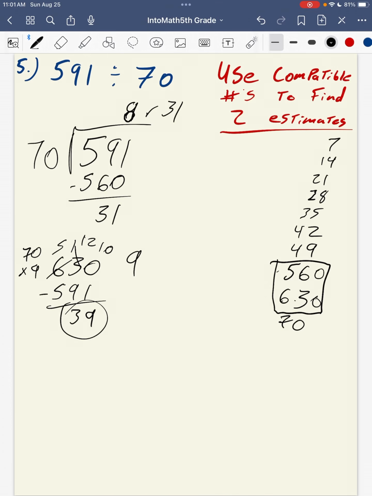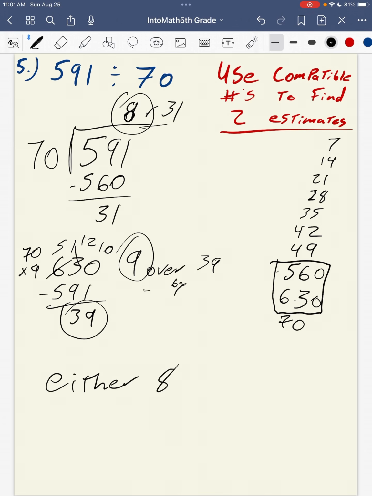So it could be 9 over by 39. So it's somewhere between 8 and 9. It's not quite 9, but 8 gives us a remainder. So either 8 or 9. Later on, we'll figure out how to divide these out fully, but remember for this lesson, we are only estimating and finding comparable numbers to find what our estimates are. Okay?